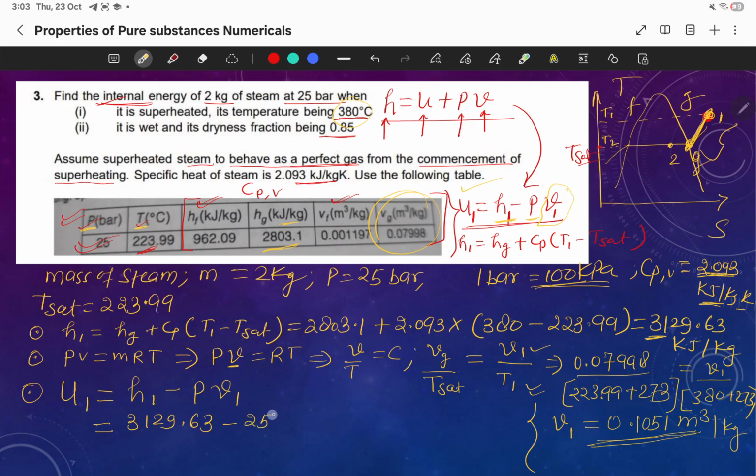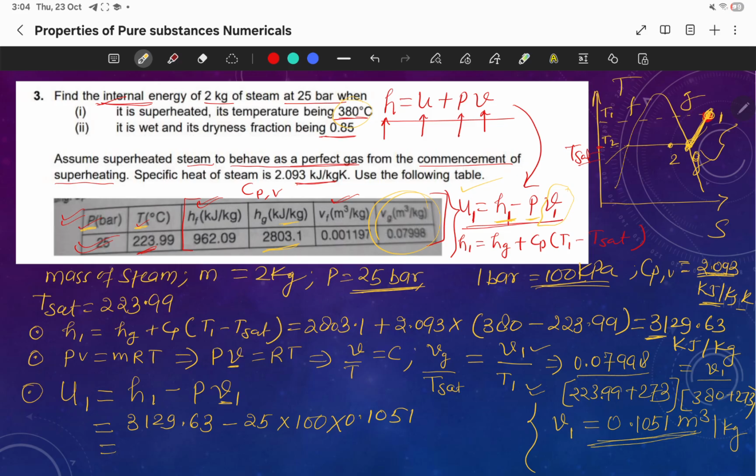3129.63 minus 25 into... pressure is how much? Pressure is 25 bar, right? This will be multiplied by 100 because the specific volume is coming into the picture, right? So this will be how much? Specific volume is 0.1051.